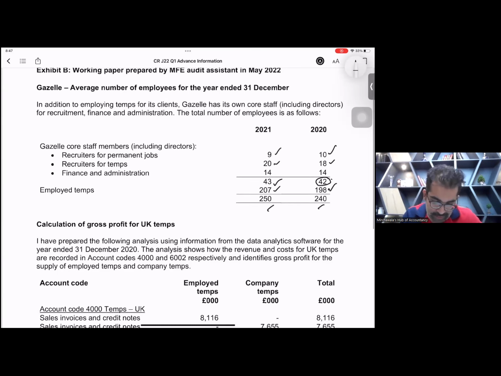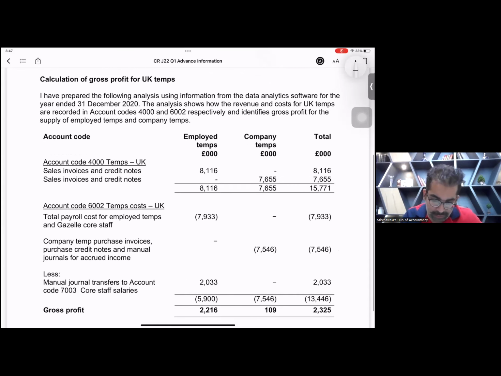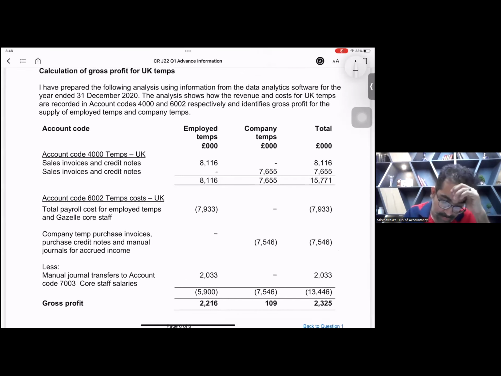Next thing, calculation of gross profit. I have prepared the following analysis using the information from the data analytics software for the year ended 31st December 2020, the last year's data.